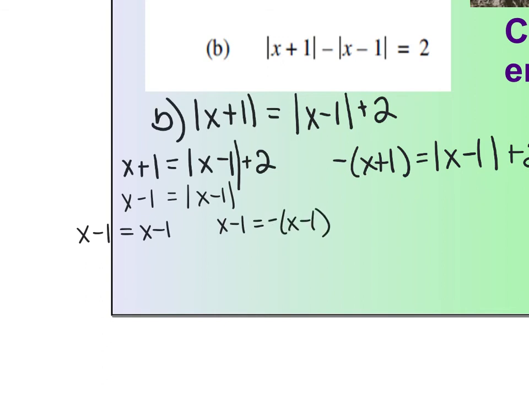So the answer to this section is all real numbers because it's the exact same line. The next section, x minus 1 equals negative x plus 1. If I add the x's, I get 2x, and if I add the 1's, I get 2, so x equals 1 is a solution.